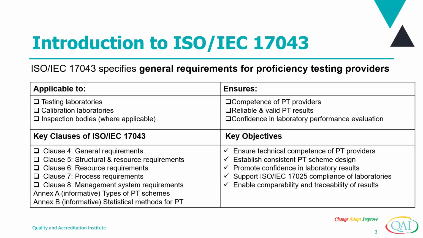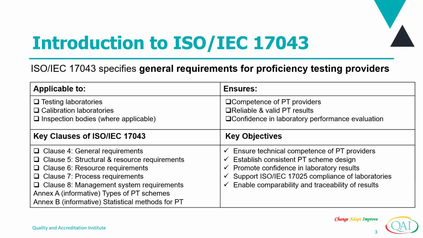There are some key clauses in 17043, which is more or less similar to ISO 17025 or 9001. The clauses start with clauses 1, 2, 3, which are the basic information, normative information, and references of this international standard from where they build up.